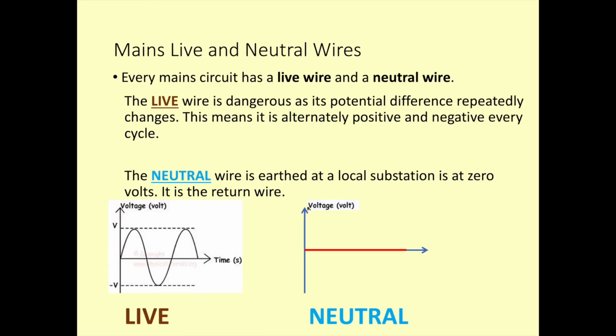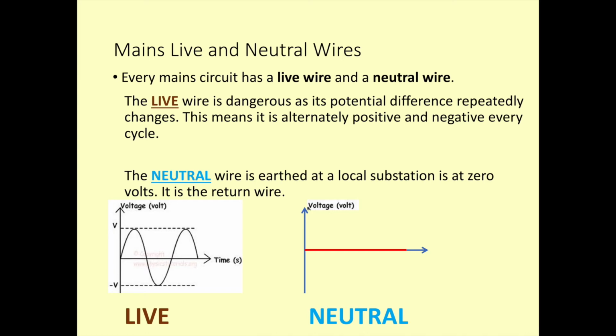So our main supply is delivered through cables which are made up of two wires, so the live wire and the neutral wire. So in every main circuit there's a live wire and a neutral wire. It's the live wire that is particularly dangerous, as it's this wire which has its potential difference repeatedly changing, and so it is alternately positive and negative at every cycle, and it's going to be at quite a high voltage on average.